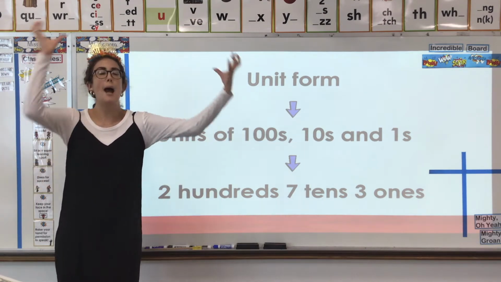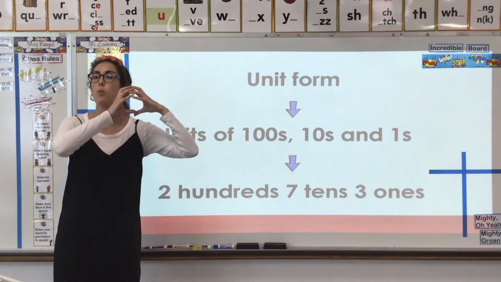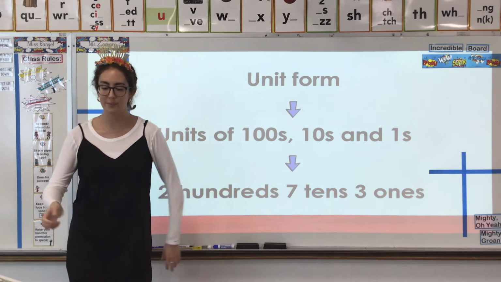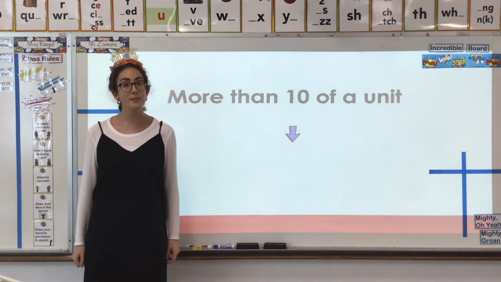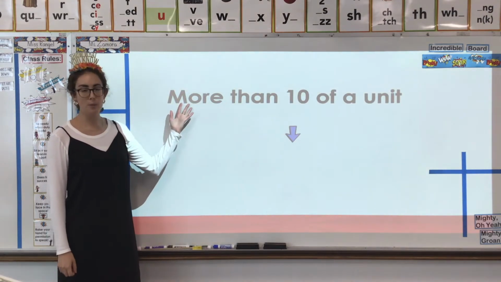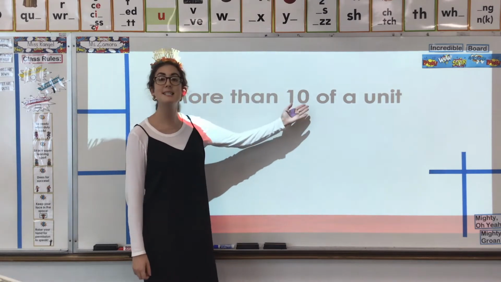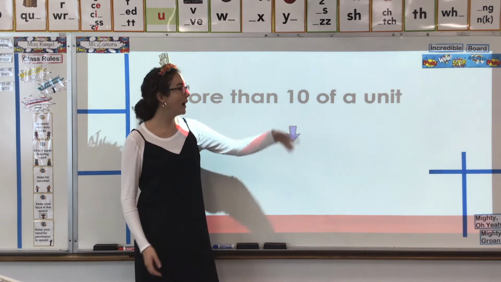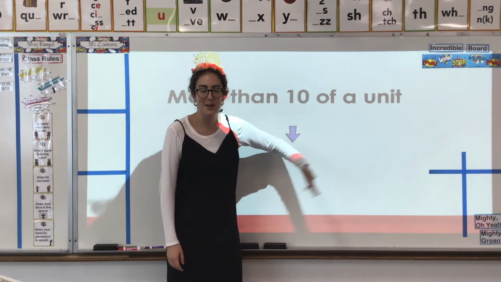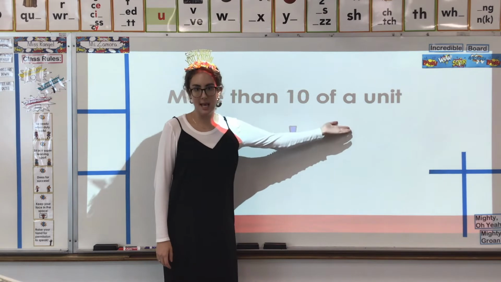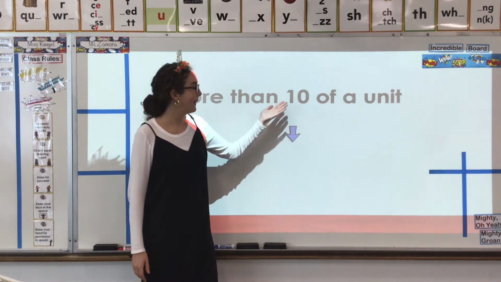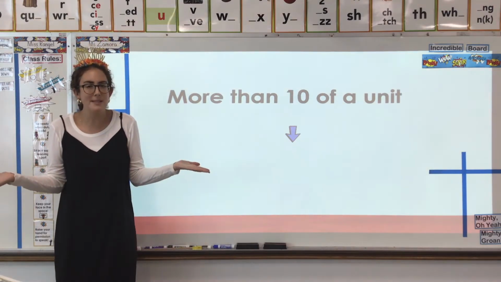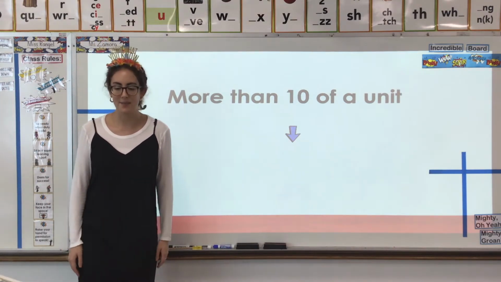Sometimes we're going to get a bigger group of just 1 unit, and we have to break it up ourselves. So sometimes we are going to get a group that has more than 10 of a unit. So a group that has more than 10 hundreds, more than 10 tens, or more than 10 ones. And what happens when that is the case?